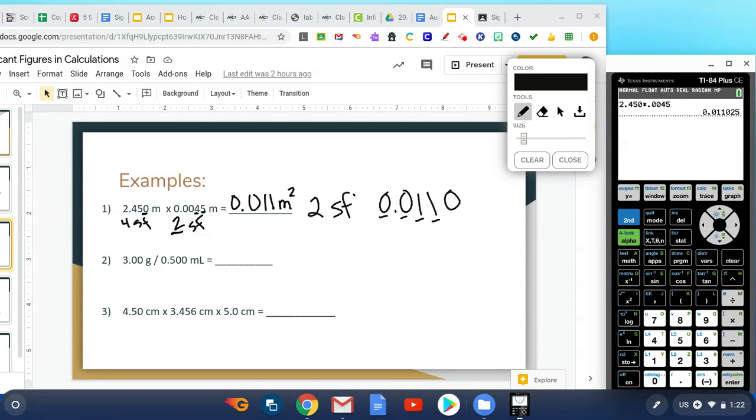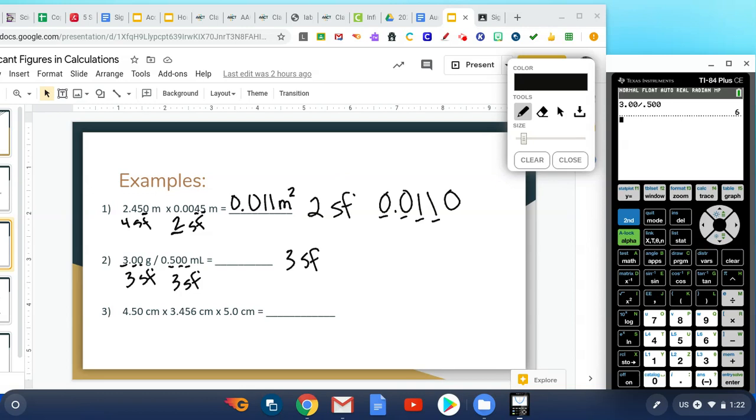For the second problem, I'm going to do the same thing. The first number has 3 sig figs, and the second number also has 3 sig figs. Remember, that leading zero doesn't count. So my answer should also have 3 sig figs. So now I'm going to do the math. 3.00 divided by 0.500.